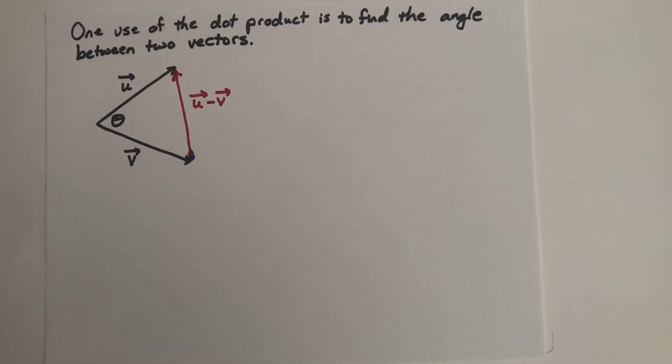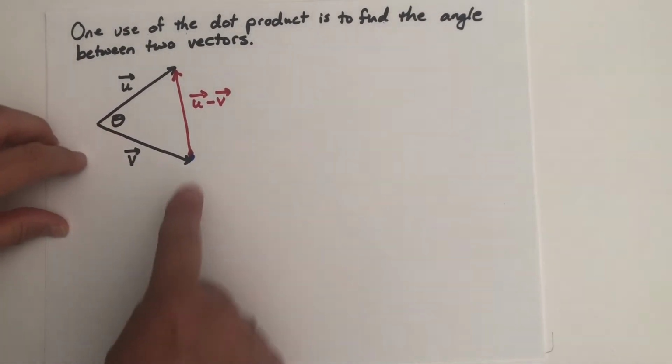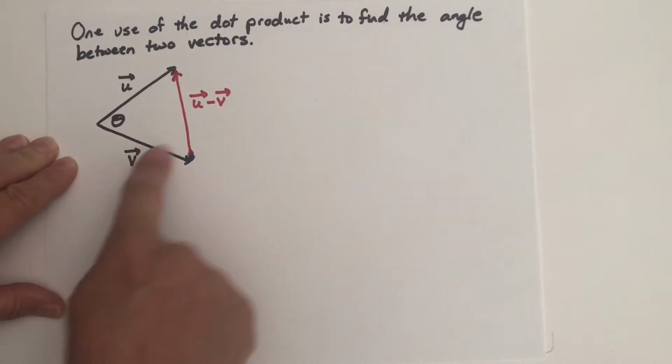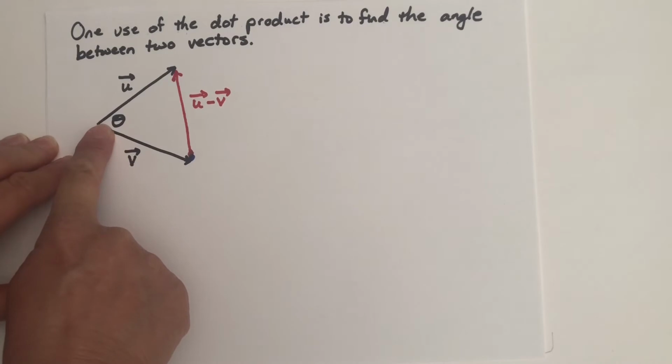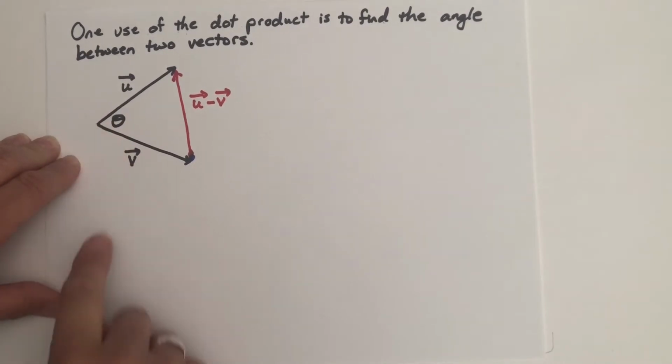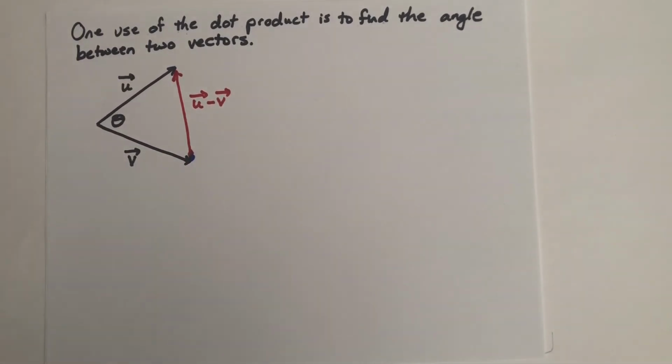So now I have a triangle drawn, and we're going to try to find the measure of this angle. We know we could find the magnitudes of these three sides, and we want to find this angle. Well, we know a relationship between three sides and an angle, and it's called the law of cosines.